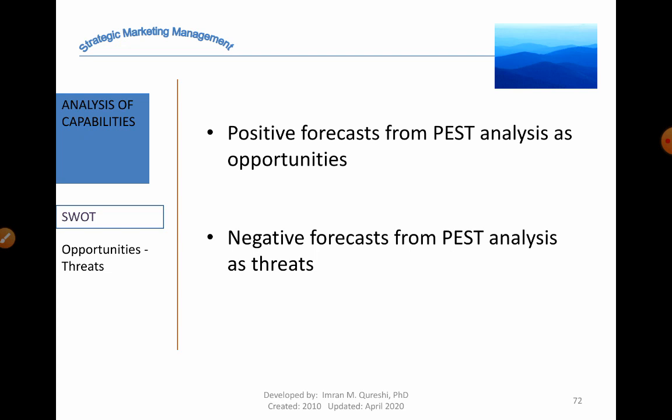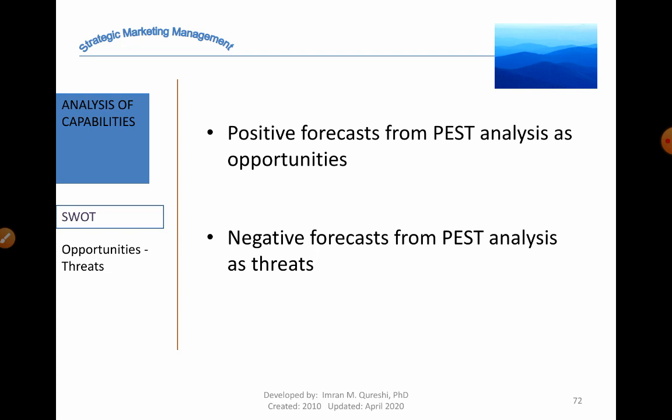Positive means that if this forecast happens in the future, then the company's strengths will increase, or the company will become stronger, or their weaknesses might reduce. That would be taken as a positive forecast, and based on that, it will be identified as an opportunity.